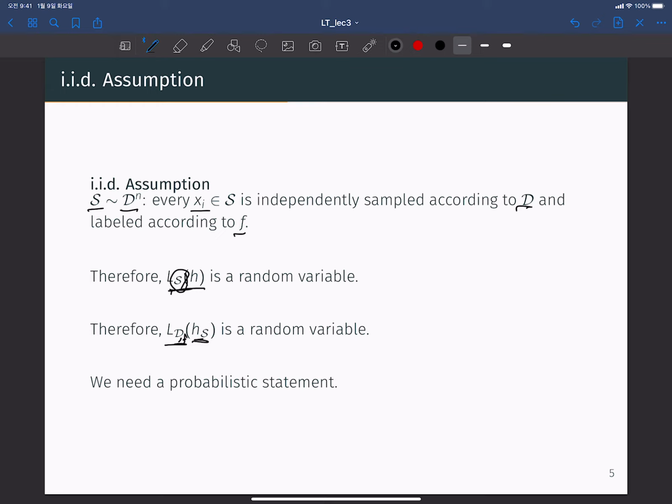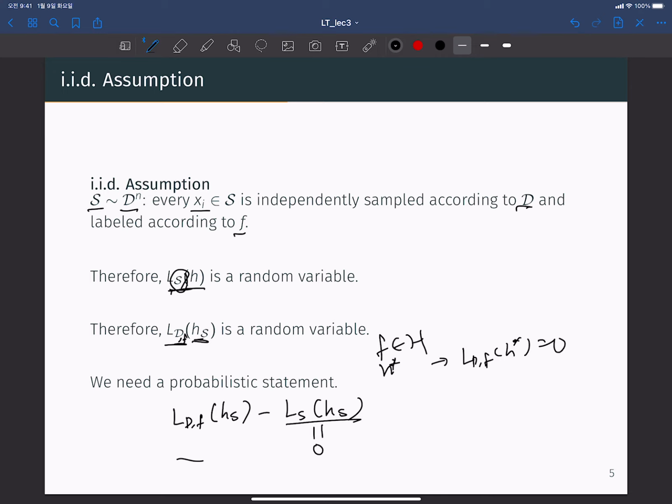So from this, indeed the generalization error, L_D(hS) minus L_S(hS), is usually equal to 0 when f belongs to the hypothesis class H, or when H star makes L_D(H star) equal to 0.